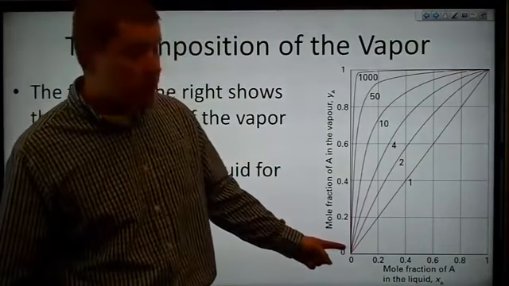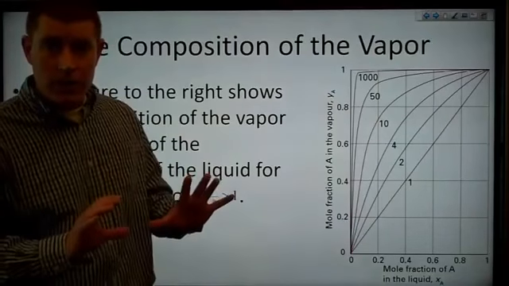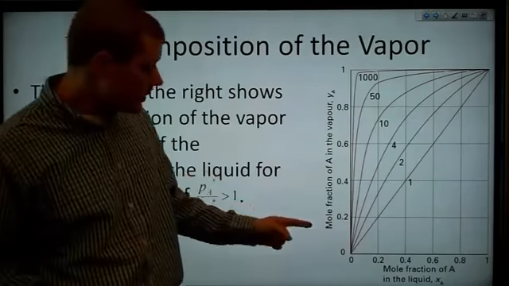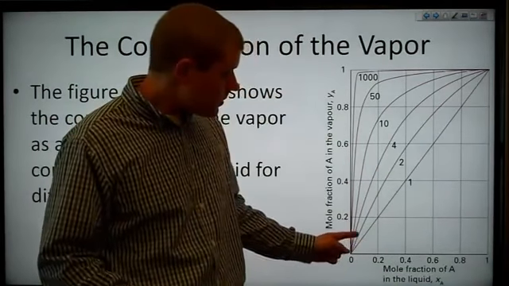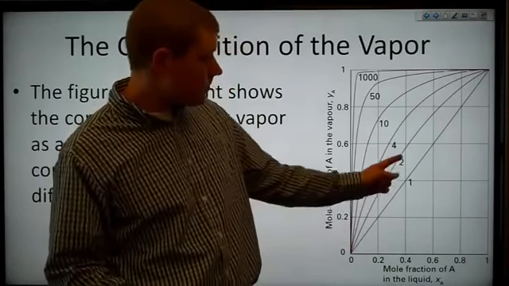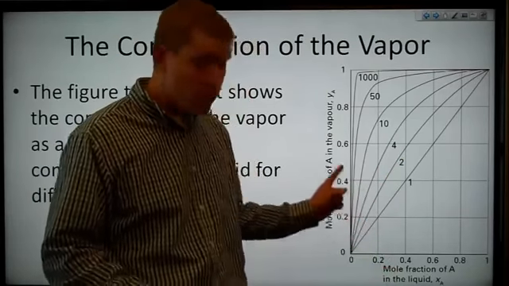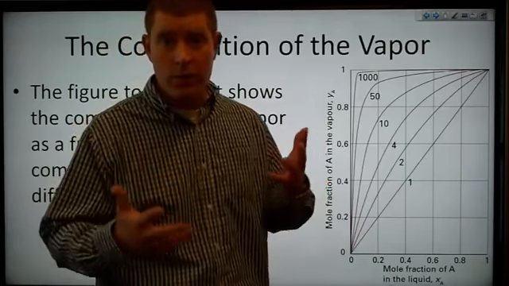So at a fraction of 1, that means that A and B are equally volatile. They have exactly the same vapor pressure when they're pure, which means that whatever the mole fraction of A, the vapor phase has the same ratio as the liquid phase does, because there is not a more volatile component.